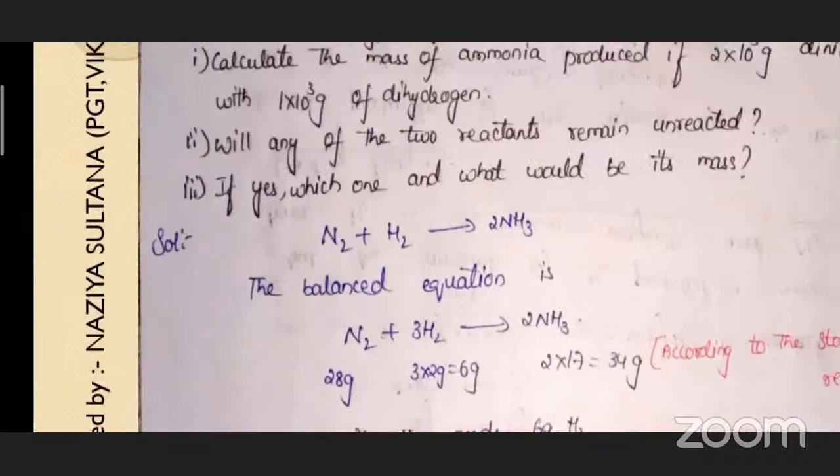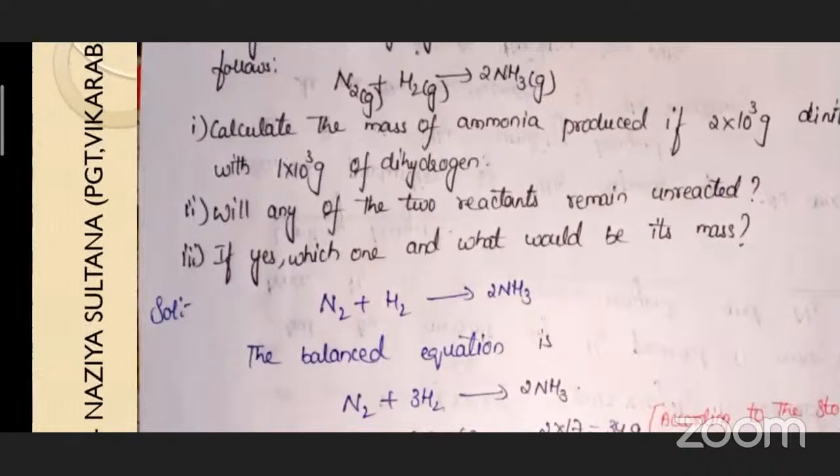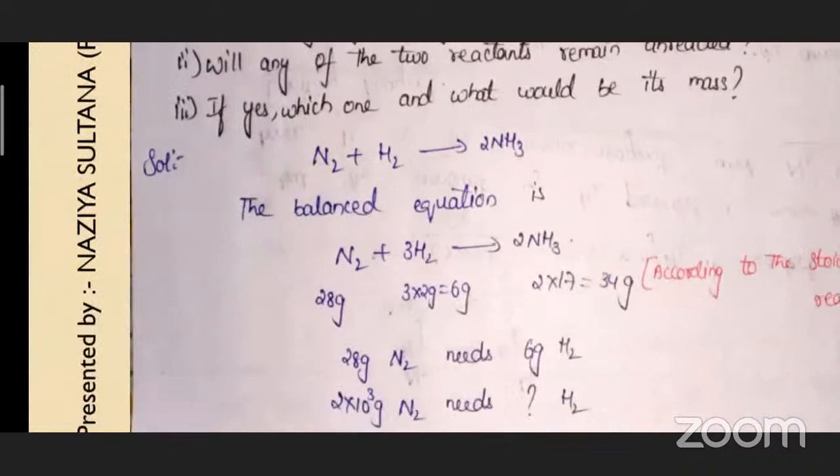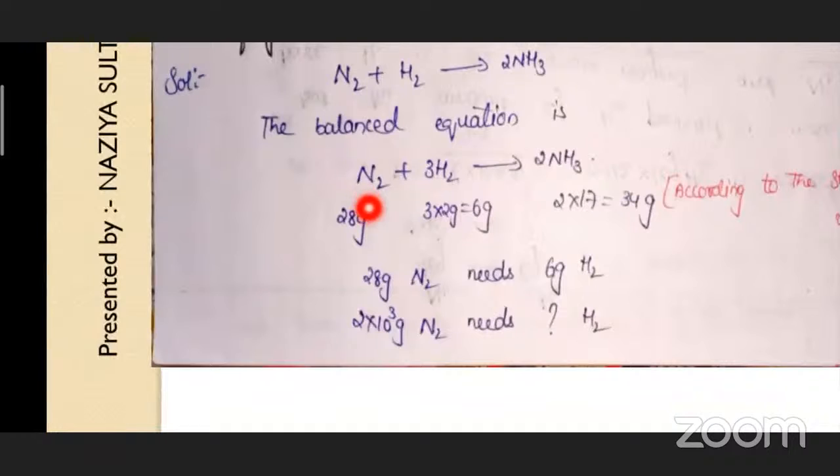Now you see in the question what is given. They are providing us with the weights. They are giving the weight of nitrogen and the weight of hydrogen, and we are supposed to find out the weight of ammonia. So we write the weights. N2: its molecular weight is 28. 3H2: the molecular weight of H2 is 2 grams, so 3 moles is 3 into 2, which is 6 grams.